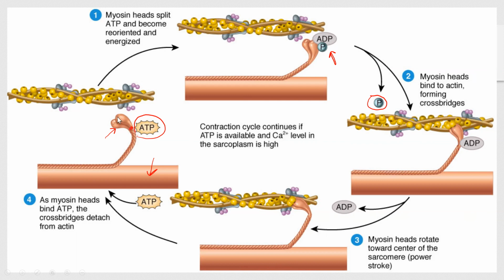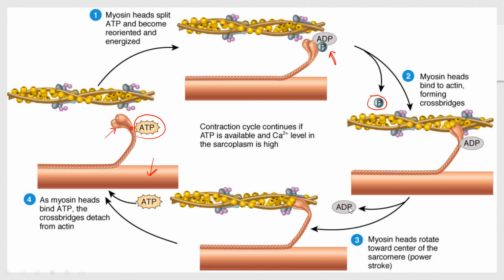So again, myosin has ATP attached, right? Myosin splits ATP into ADP, adenosine diphosphate, and phosphate group, and it becomes energized. Now, when it loses phosphate, it grabs on actin, right? And we call it cross bridge formation.